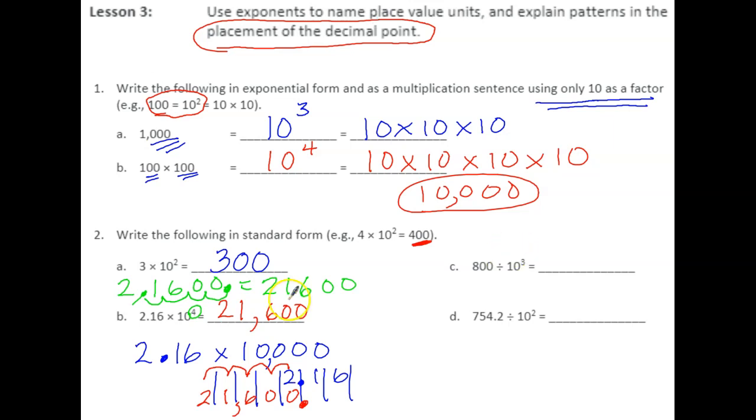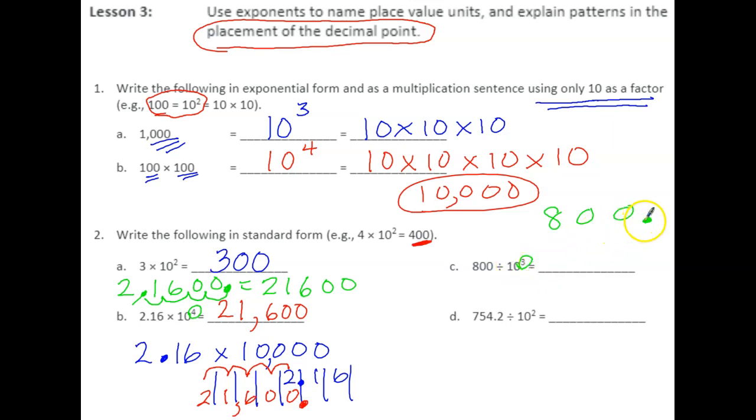All right. So we're going to work through C and D using the placement of the decimal that appears to be the movement of the decimal. Decimals don't move. All right. So we have 800. If I had 800, my decimal would be right after the second zero. I'm dividing by 10 to the 3rd power, which is equivalent to dividing by 10 times 10 times 10.